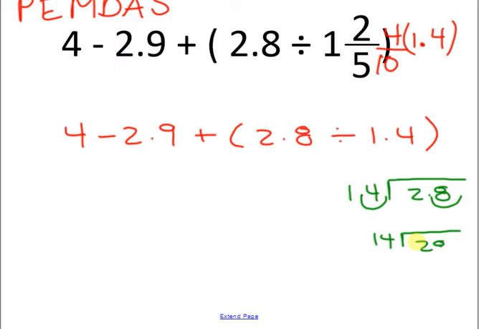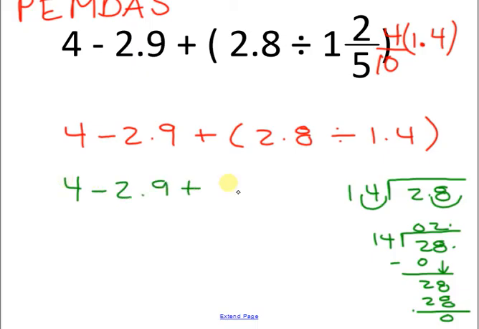Bring my decimal to the top, how many times is 14 going into 2? 0. Bring down the 8. And how many times does 14 go into 28? 2 times evenly. So that worked out very nicely. Let me rewrite the problem. Plus 2.